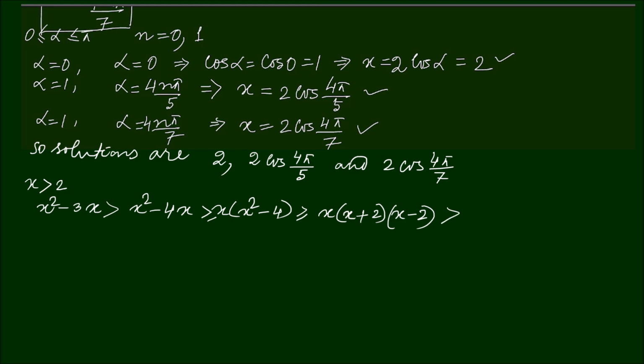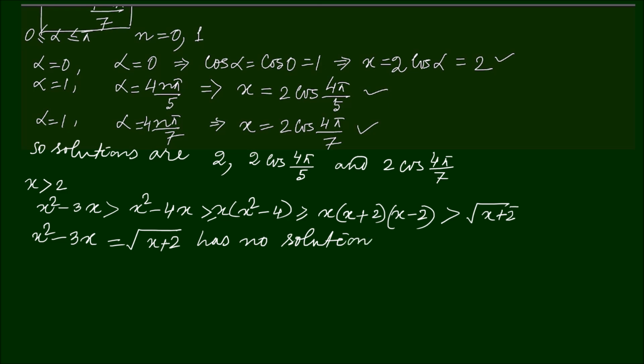Certainly, this is greater than your square root of x plus 2. So x cube minus 3x equals square root of x plus 2 has no solution when x is greater than 2.